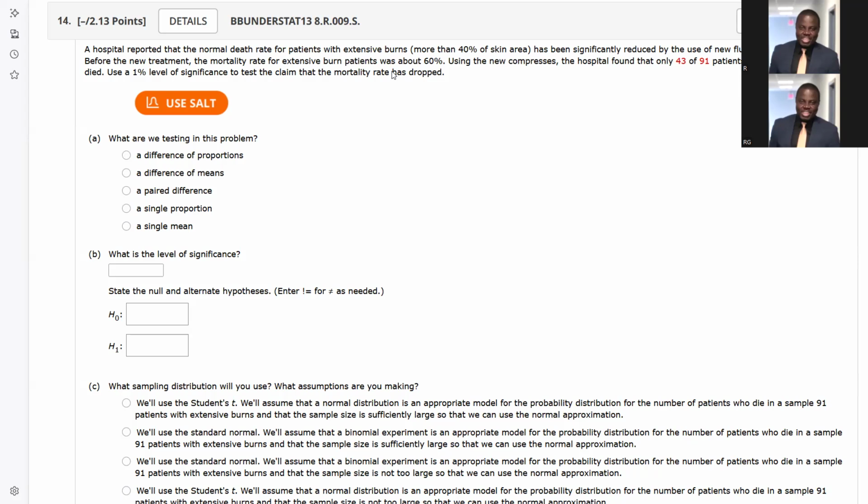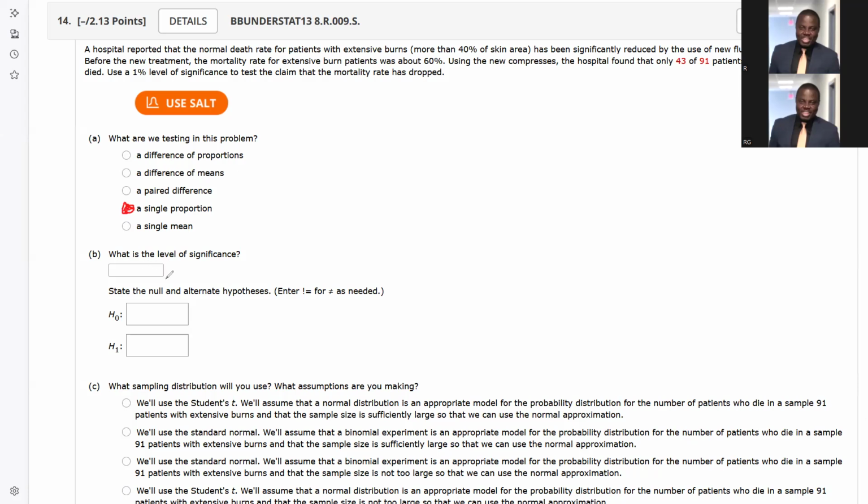So first of all, we know we are testing for a single proportion. So that one, we're going to choose that, which is done. What is the level of significance? Which is 1%, 0.01.